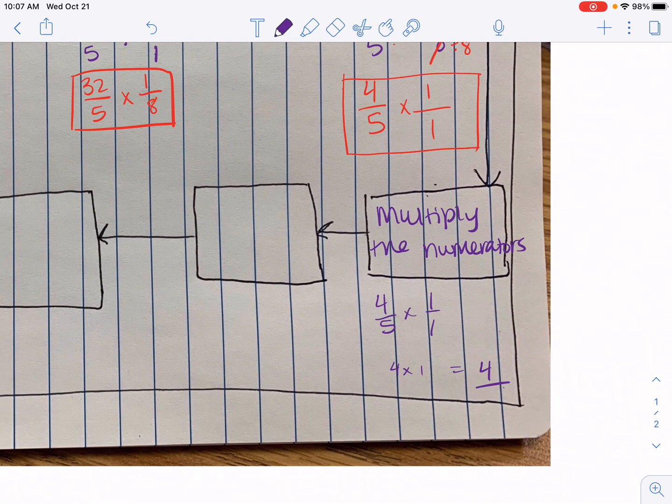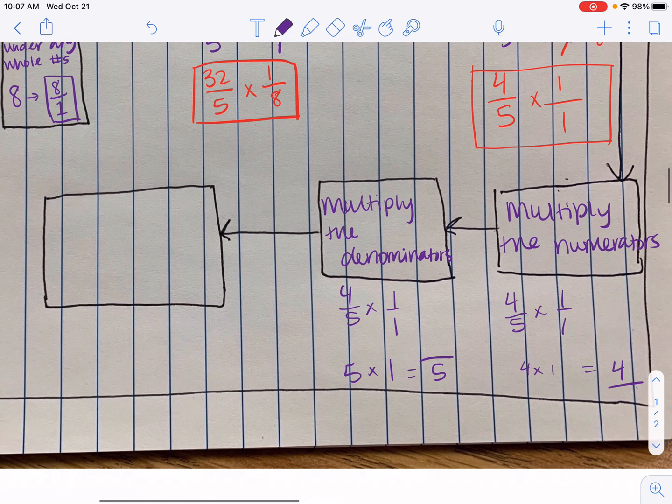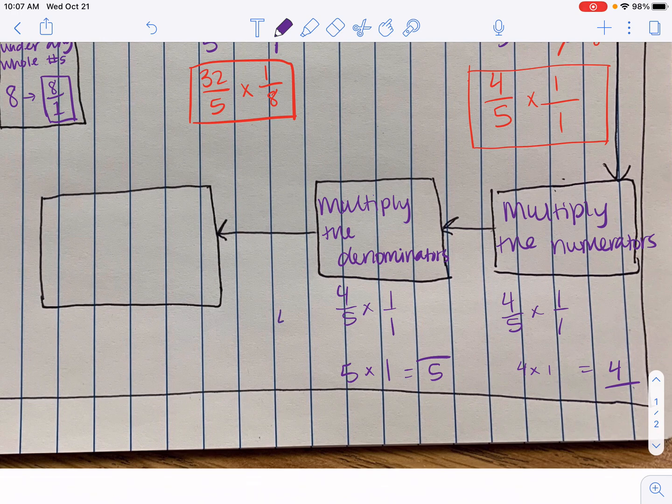And then we multiply the denominators. All right, so I still have 4 over 5 times 1 over 1. 5 times 1 is 5. That's my denominator. So my new problem is 4/5.